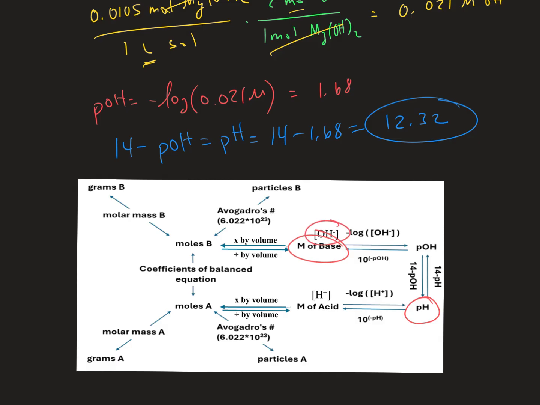From there, we find the concentration of our OH minus. Then we do negative log of OH minus to find the pOH, and then 14 minus the pOH to find the pH. That's what we did. So definitely put it on your little card, and if you don't have it on your card, you could still do it, right? We good?